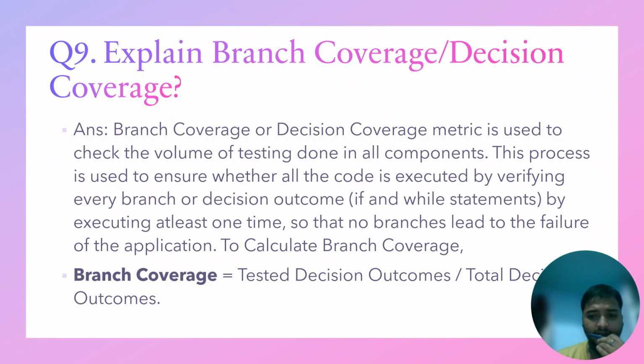To calculate branch coverage, branch coverage equals tested decision outcomes divided by total decision outcomes.